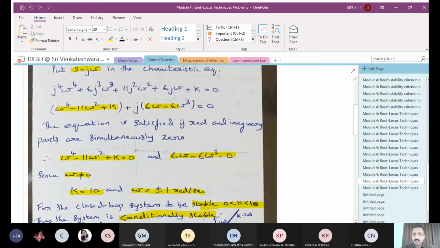Now whatever points we got, we need to plot in the graph, and we need to see how the root locus will be obtained. So you can try plotting it. You plot the poles, you plot the root locus, you can plot the asymptotes, you can plot the centroid, all those things you have to plot.